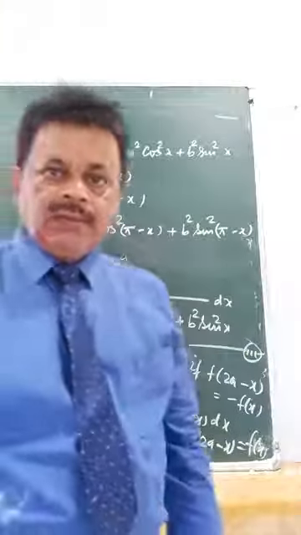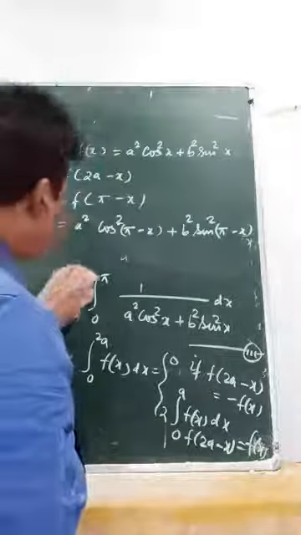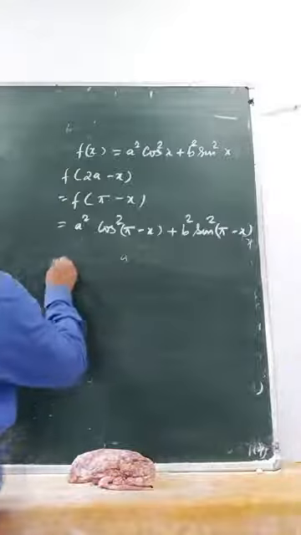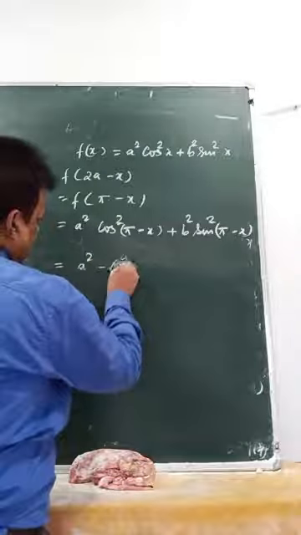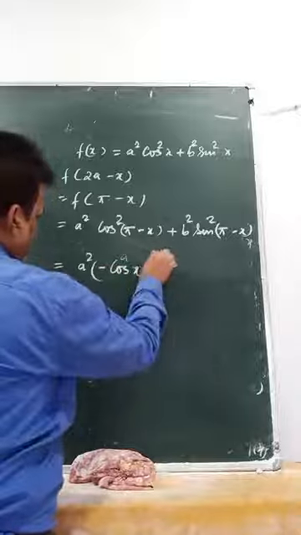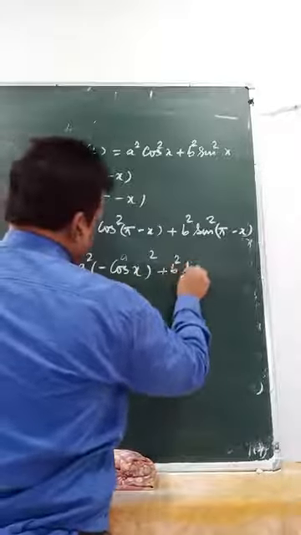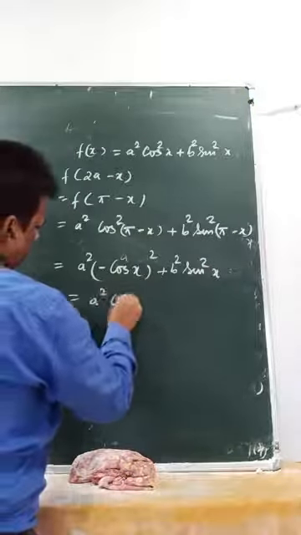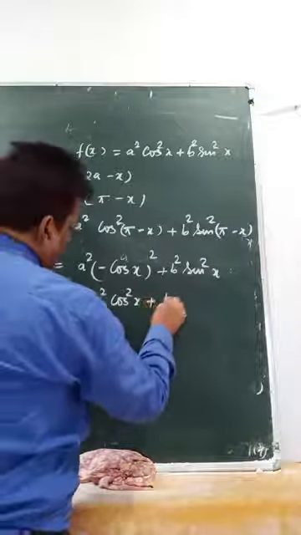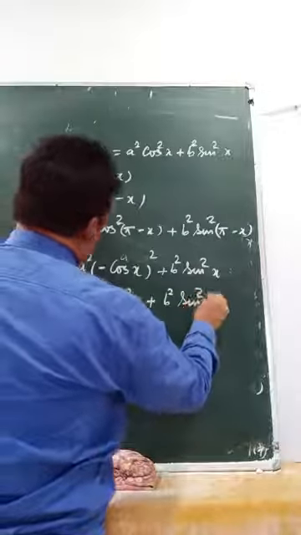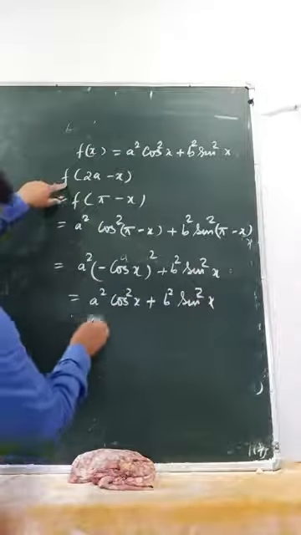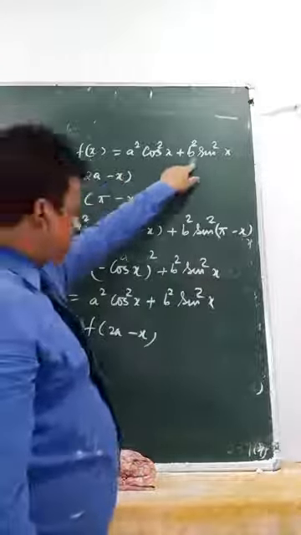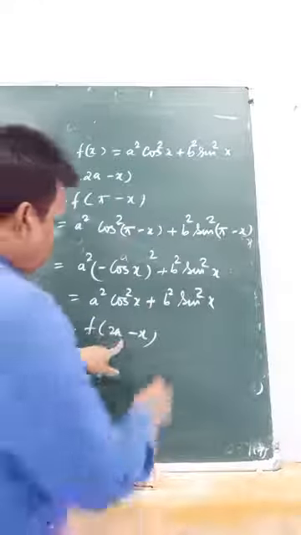Okay. Then that will become how much? So it is a square, I told you just previously, b square sin square x. That means a square cos square x plus b square sin square x. What is the conclusion? Therefore f of 2a minus x, what is fx? Same thing, we are getting f of 2a minus x is fx.